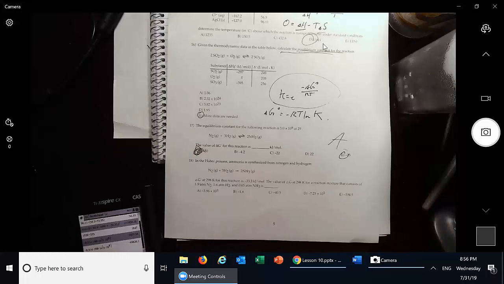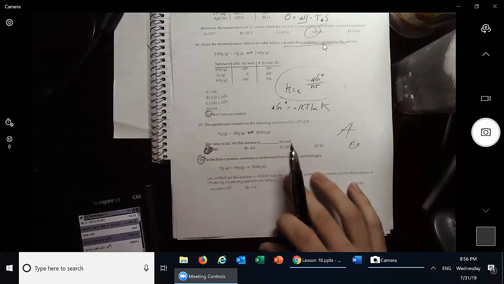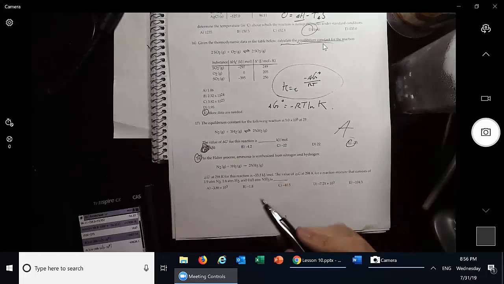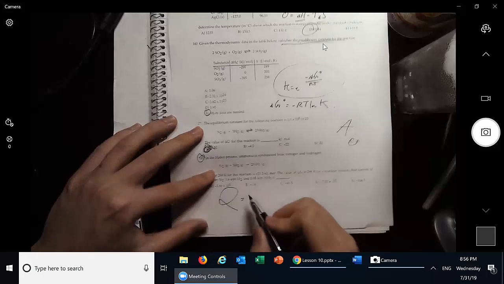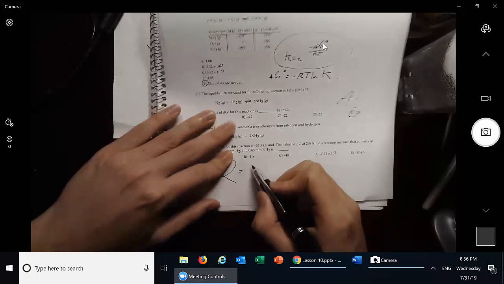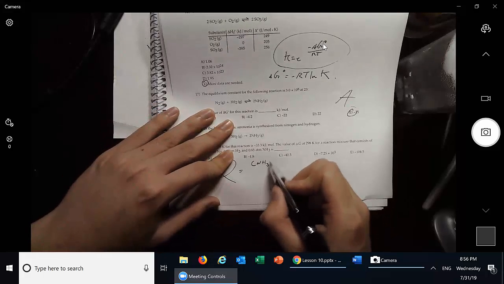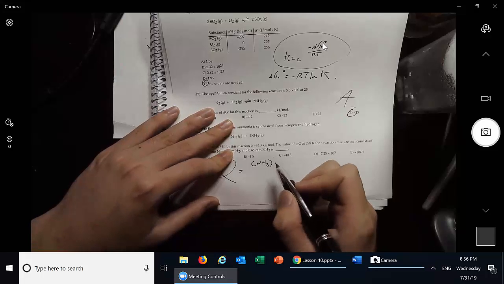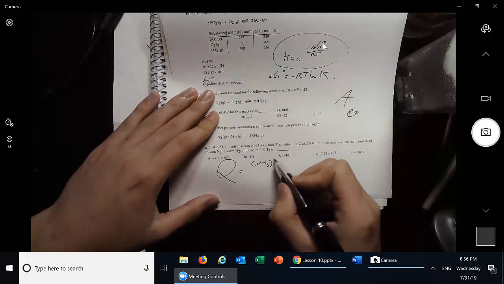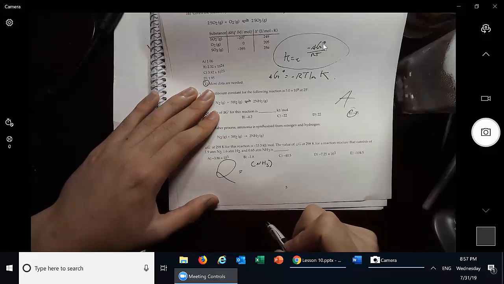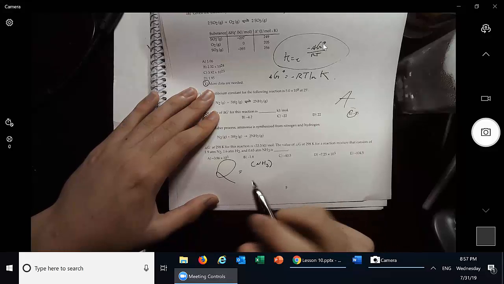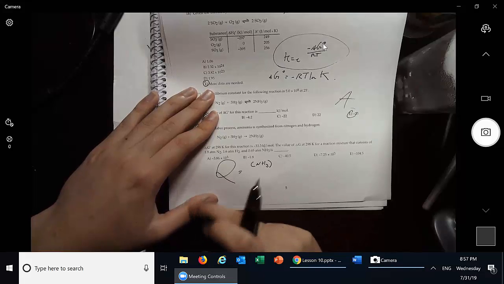And finally, let's just do 18. So we need to find the value of Q. Q here equals the pressure of NH3 raised to what power? Does anyone remember? 2.